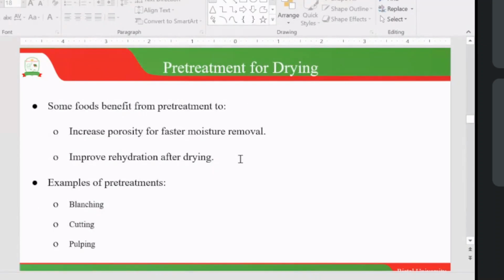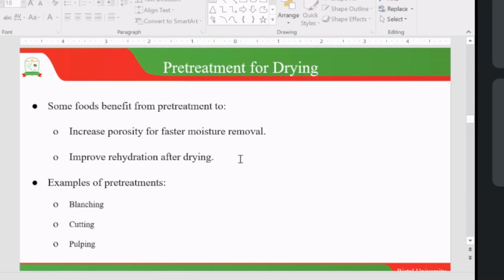So, pre-treatment for drying, we are looking at some foods that benefit from this pre-treatment to dry. So, what you do to those foods before you put them out there. Some of them, when you treat them first, you will be able to increase the porosity.